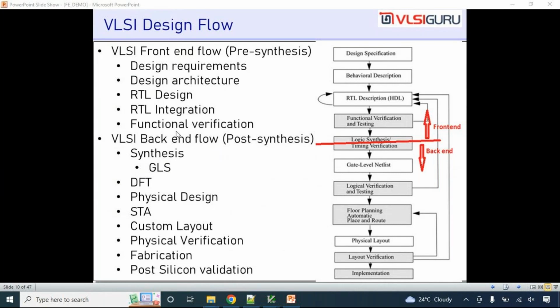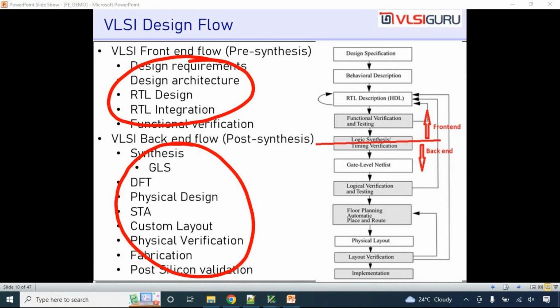Functional verification, verification engineer. GLS engineer, synthesis engineer, DFT engineer, physical design engineer, static timing analysis engineer. Point is, if you come for training, I ask you, which one do you want to do? You will be confused, right? So rather what we tell people is, choose either a course in front end domain, or choose a course in back end domain.